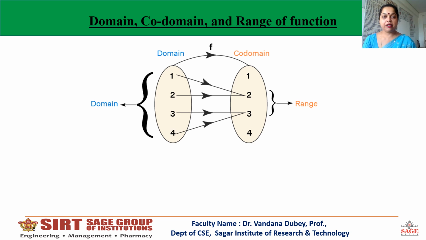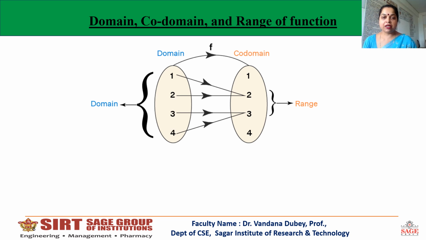This diagram clearly shows the concept of domain, codomain, and range. We have two sets. Both the sets have the same elements 1, 2, 3 and 4. See, the left hand side set, we will call set P. Its elements are mapped with the elements of another set that is represented on the right hand side.